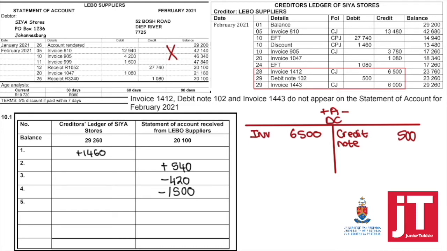Once they've processed the transaction, our supplier will issue us with a credit note to show that they've credited our account with 500. Then invoice 1,443 will be debited 6,000. So on the statement of account received, plus 6,500, minus 500, and plus 6,000.